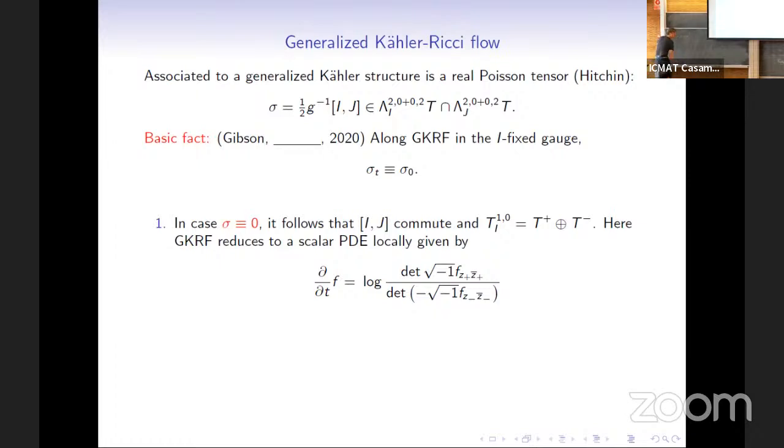This is the local picture of Kähler-Ricci flow. But now we get this funny mixture of terms. I get the log of a determinant ratio: the determinant of the Hessian of f on the plus part divided by the determinant of minus the Hessian on the minus part.